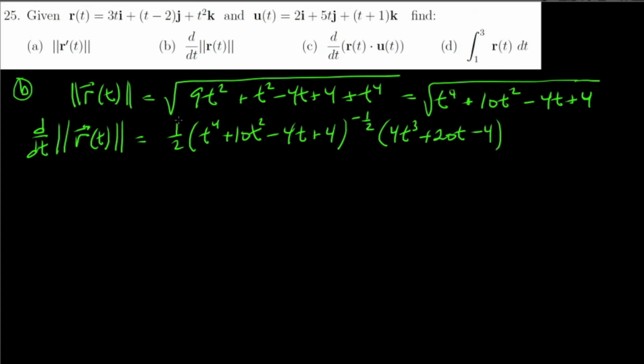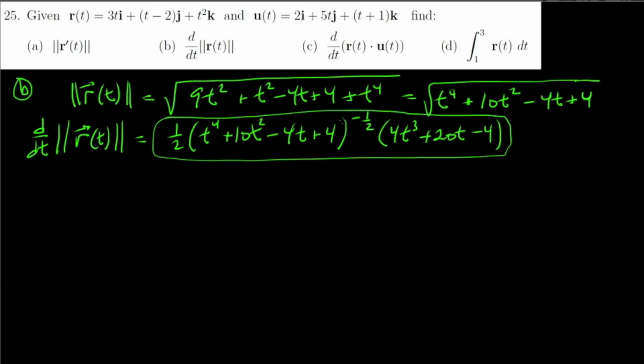Good enough, right? Obviously we can simplify this further, but whatever you get, it's obviously not the same thing as the magnitude of the derivative. So no, you cannot change the order. You cannot take the derivative of the magnitude and expect to get the same thing as the magnitude of the derivative of r.